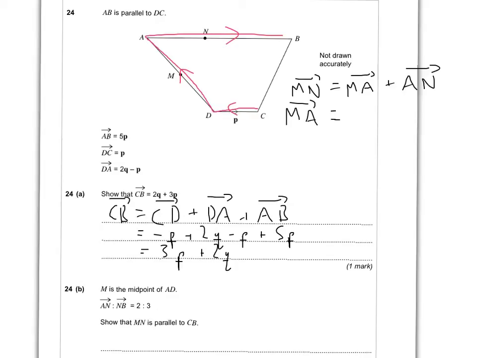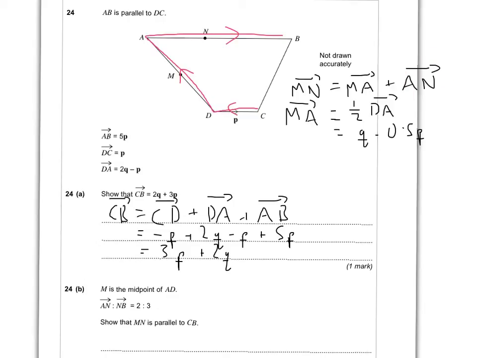So MA is half of DA. I know what DA is. DA is this thing here, so I want to work out what half of that is. MA is equal to q minus a half of p. I'll maybe just write it like that. You could write a fraction half instead. So I now know what MA is. Now I need to write down what AN is.